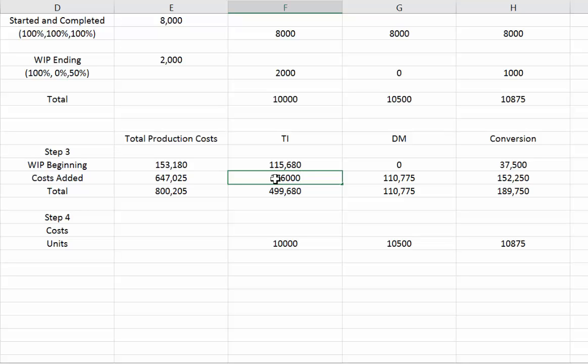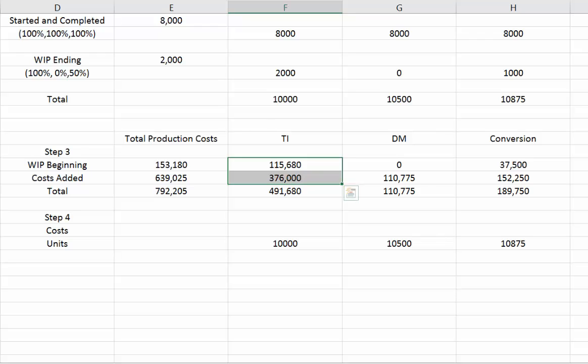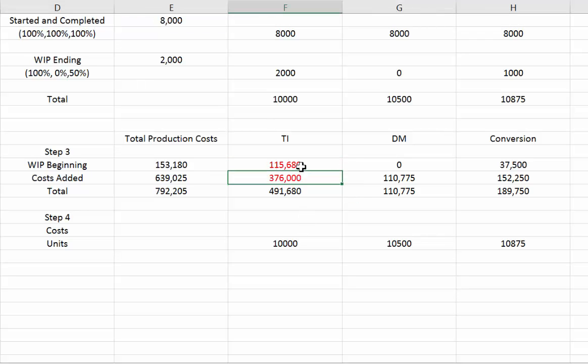These are completely new numbers. For the transferring costs, they are all revised. Okay, now I'm correct. So you might want to definitely check and make sure you put all these correct numbers there. Make sure you replace these two numbers. I'm going to highlight them. These two numbers are different from the weighted average. All the rest are the same.